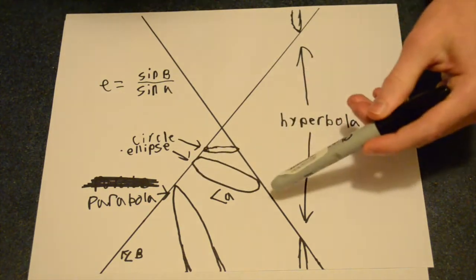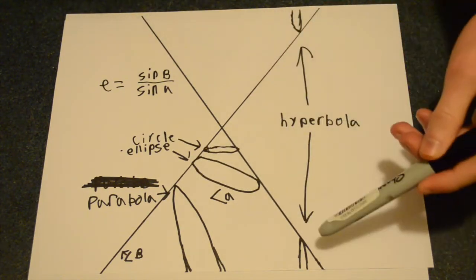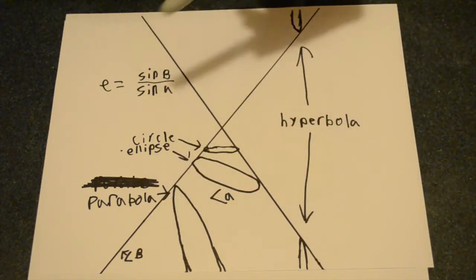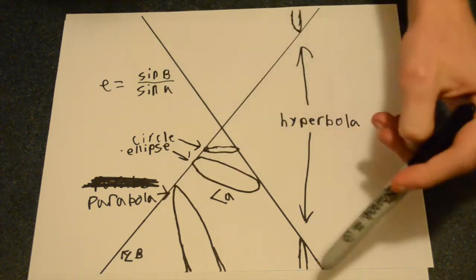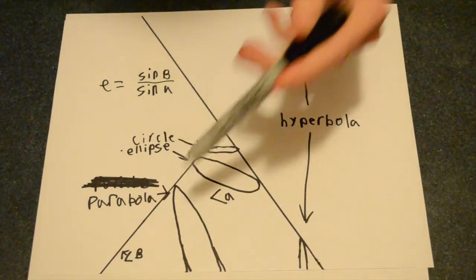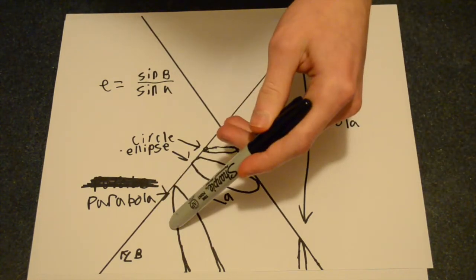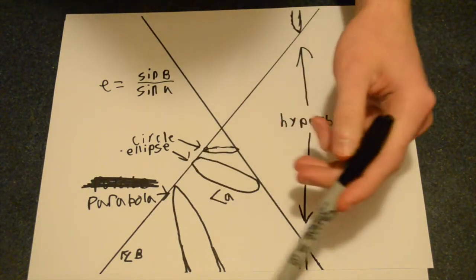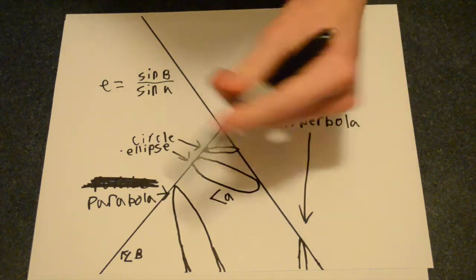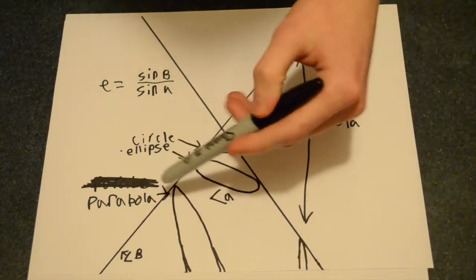So if you are exactly at this special angle here, your eccentricity is going to be 1, and one focus is just at infinity.